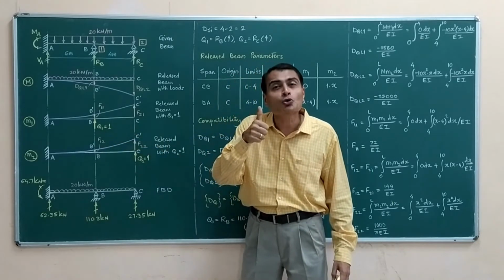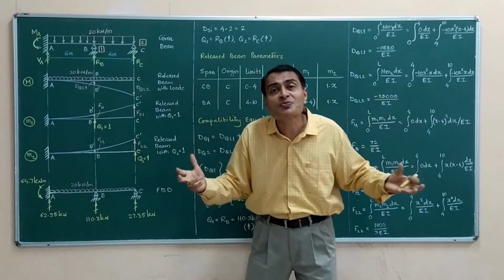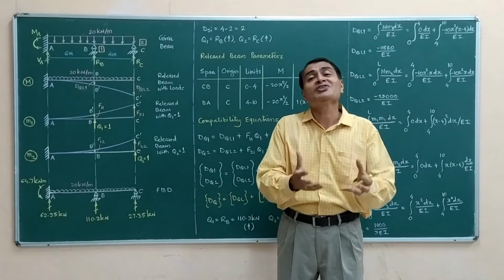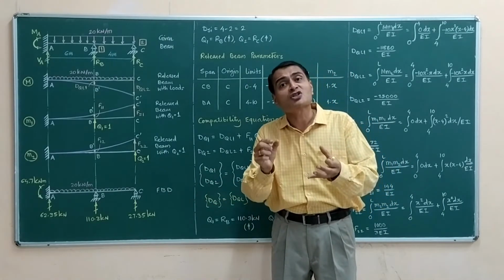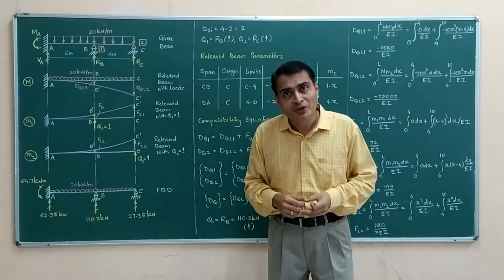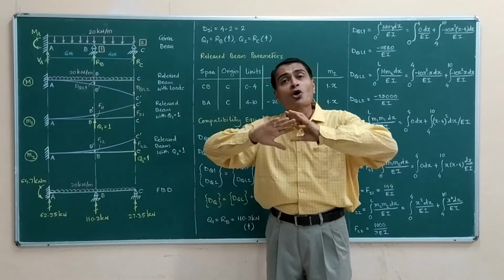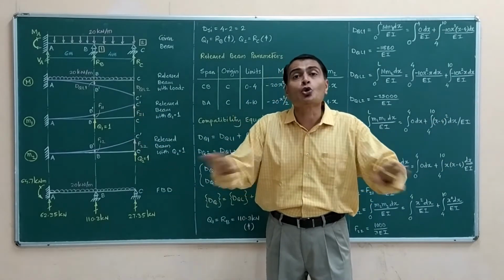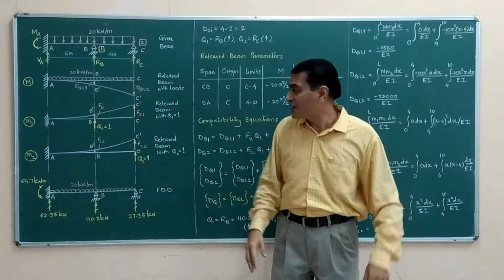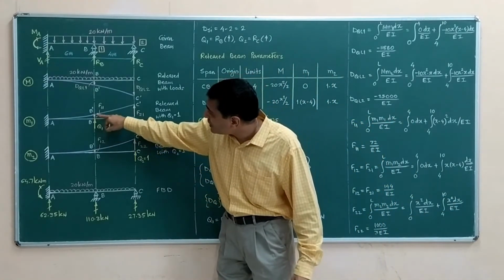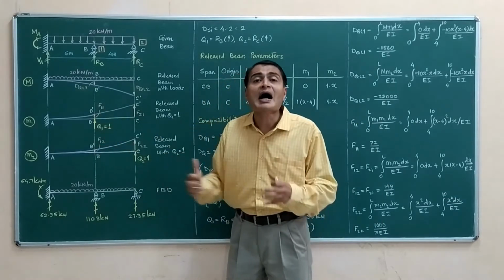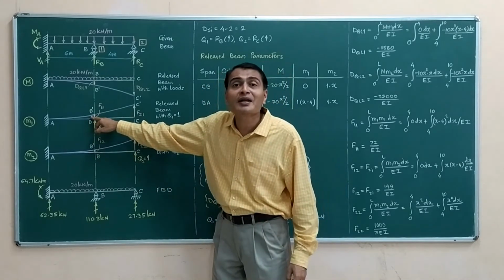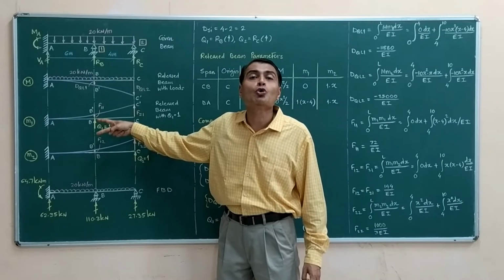Now whenever I apply unit action, the corresponding displacements are going to be flexibilities, because flexibility is the displacement due to a unit action. Unit action is force, so whatever flexibilities I define are going to be deflections, not slopes. This particular displacement, because of this unit load, I am calling F11, simply meaning it is a displacement at node 1 due to unit load at node 1.